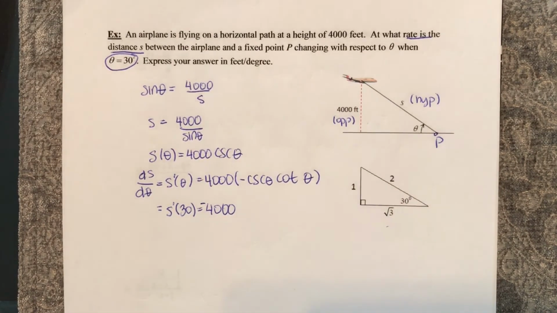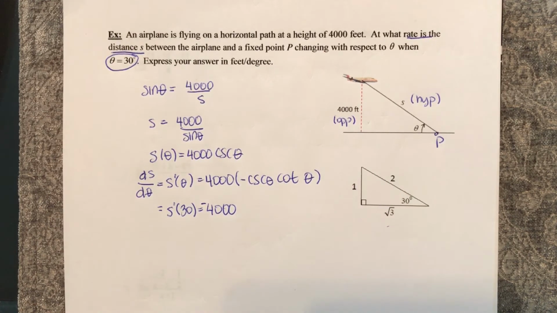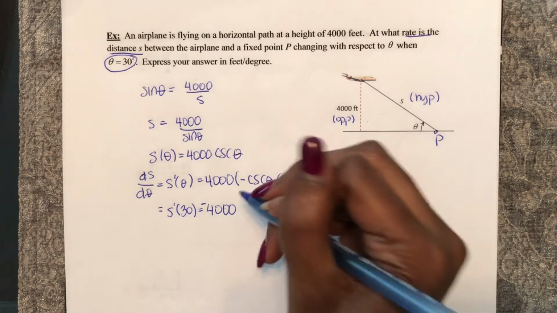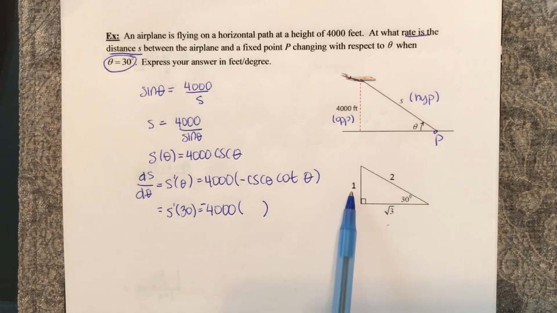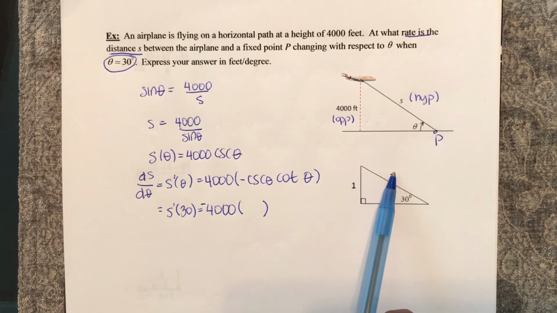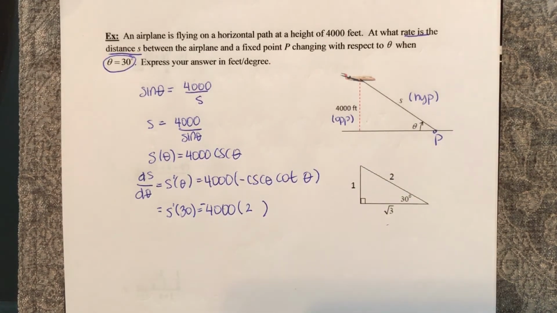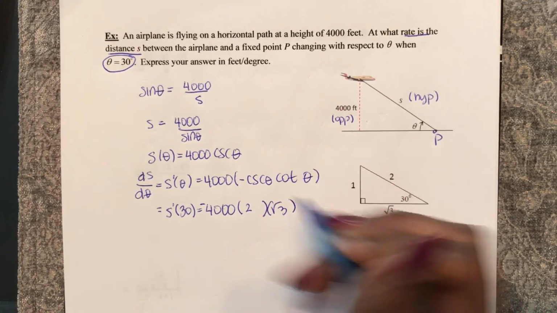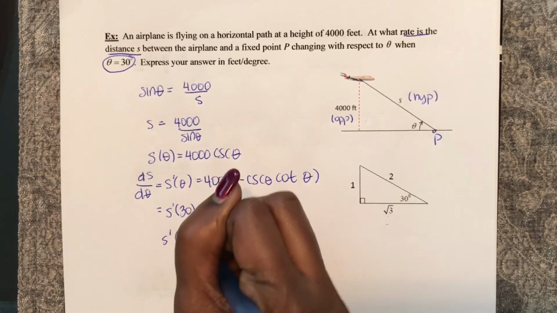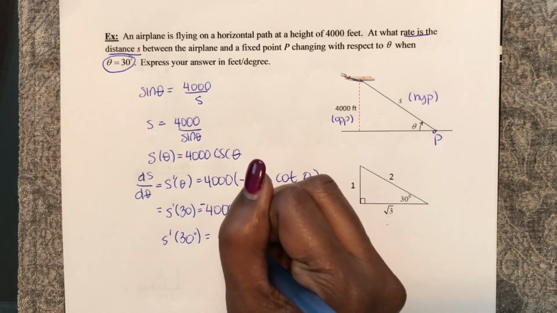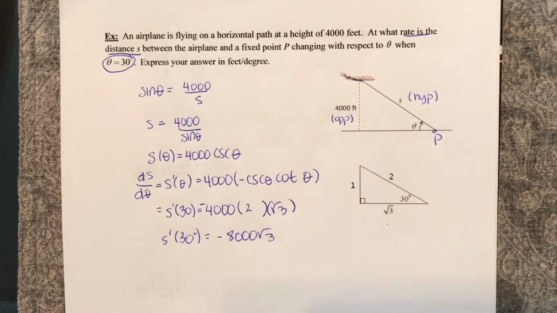I'm just going to go ahead and move that negative up front. Now, what is cosecant of 30? Well, cosecant of 30 is just the reciprocal of sine. Sine is opposite over hypotenuse, so cosecant is hypotenuse over opposite, which is 2. And then cotangent 30. Well, tangent 30 is normally opposite over adjacent, so cotangent is adjacent over opposite, square root 3. So S prime of 30 equals negative 8,000 square root 3.